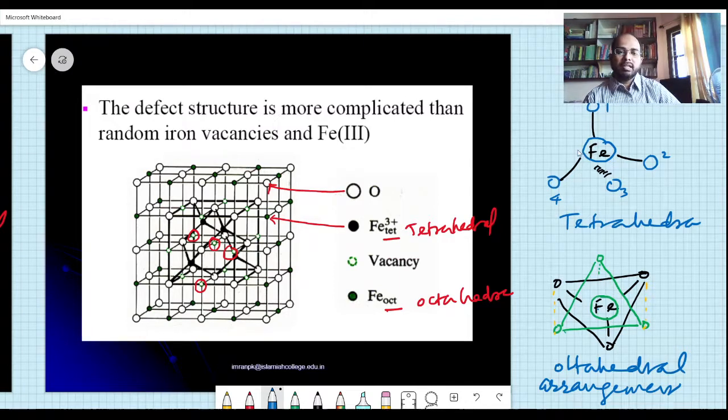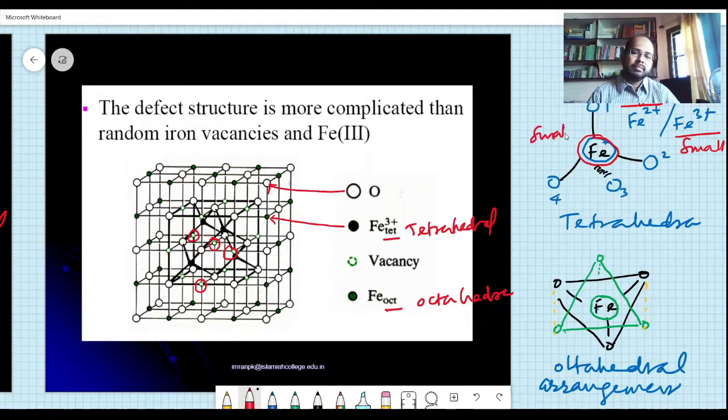Why this happens is that iron can have Fe2+ as well as Fe3+. Fe3+ is small, whereas Fe2+ is relatively larger. So this will be ferrous and this will be ferric, and this gap will be smaller. So Fe3+ will go there and sit there, but this gap is for Fe2+, which is larger.